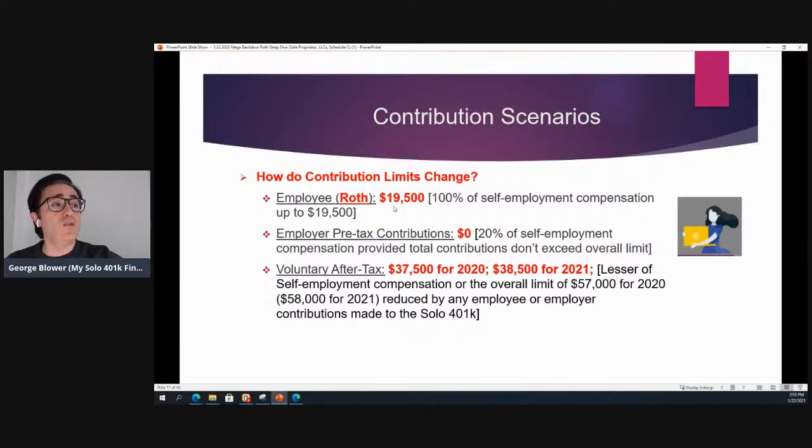And then they could do the difference up to the overall limit, which would be $37,500 for 2020 or $38,500 for 2021 into their after-tax sub account. And then they could move those after-tax contributions into the Roth account. So at the end of the day, they're going to have $57,000 or $58,000 for 2021 in their Roth sub account.